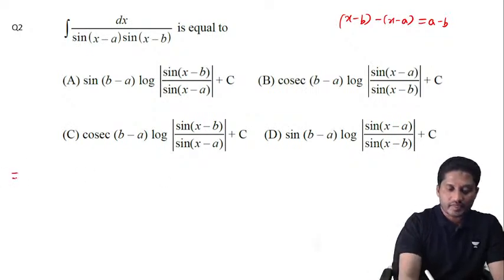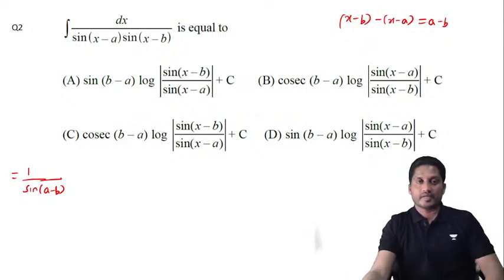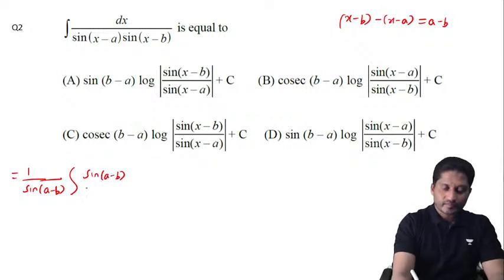So I'm going to divide by sine of a minus b, and then I'm going to multiply by sine of a minus b. So this is sine of a minus b whole divided by sine of x minus a into sine of x minus b, and then dx.